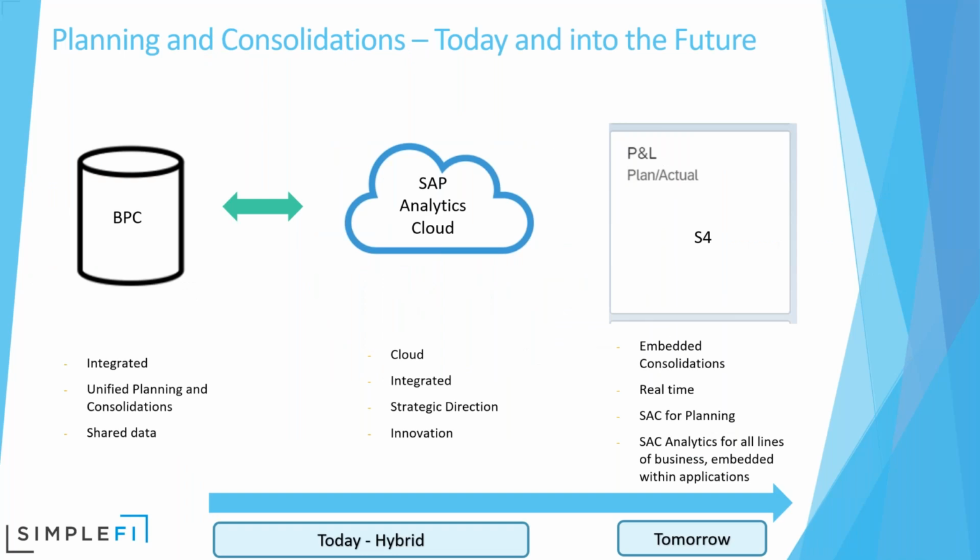So R3, S4, if you get it, right? So within S4, you'll have your universal journal. You won't have COPA and FI differences anymore. Everything will be in one place on HANA with an updated interface and underlying infrastructure.